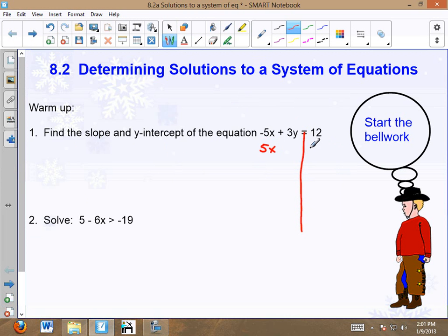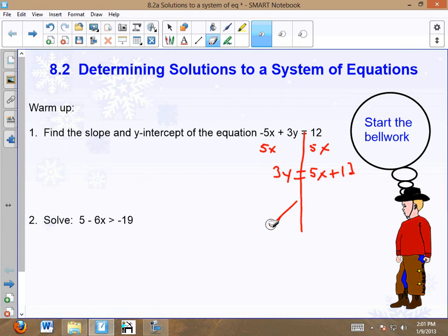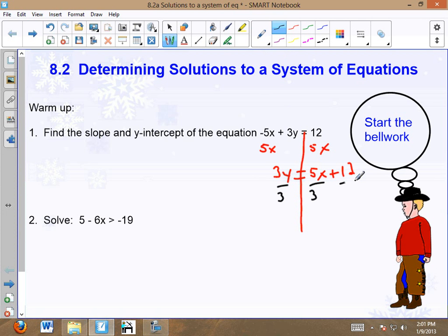All right, I'm going to add 5x to both sides. 3y equals 5x plus 12. I'm going to divide everything by 3. Y equals 5 over 3x plus 4. So I'm not done.